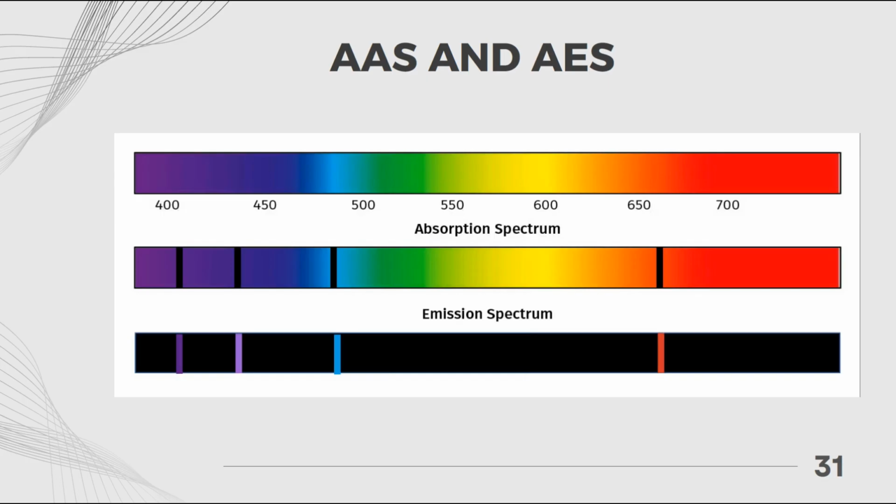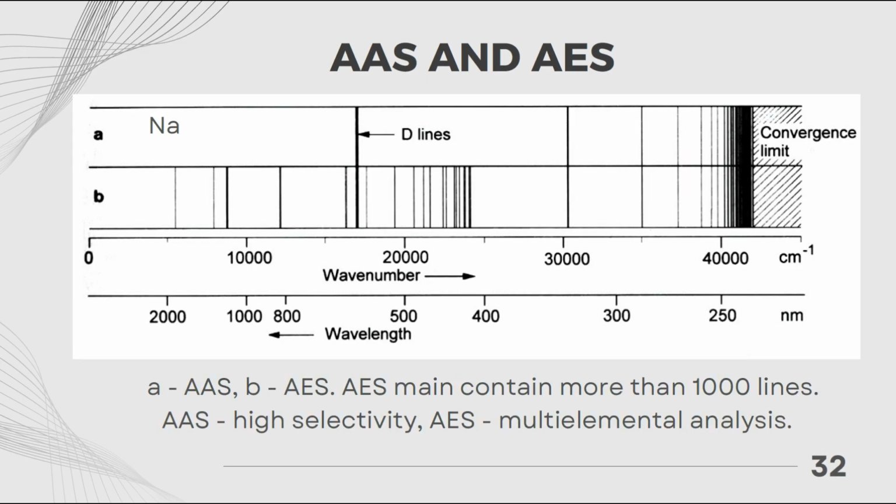However, there is some difference between AAS and AES. Once again, here you have a picture of the sodium absorbance spectrum, the top one, and the emission spectrum, the bottom one. You see that all the lines of the absorption spectrum correspond to the emission spectrum.